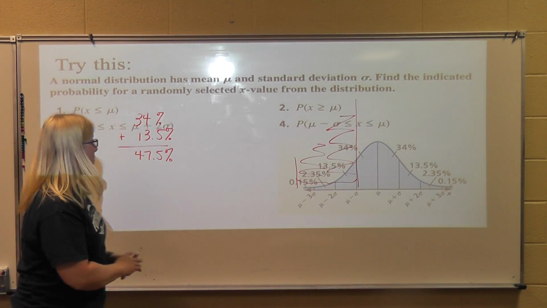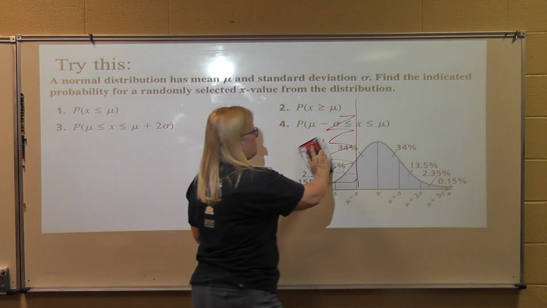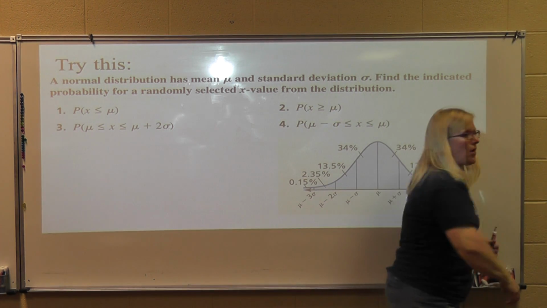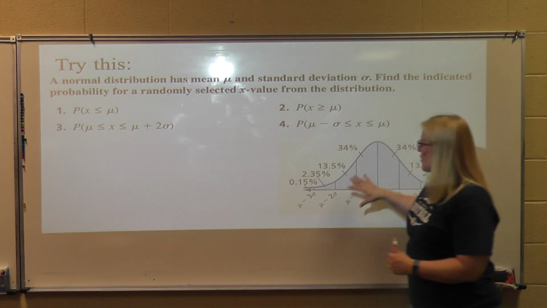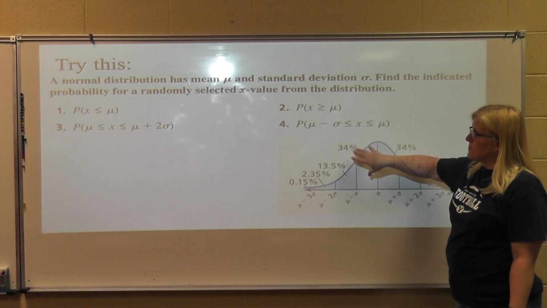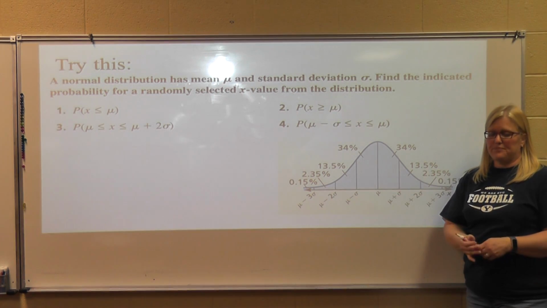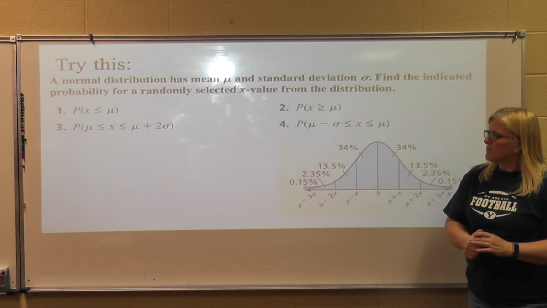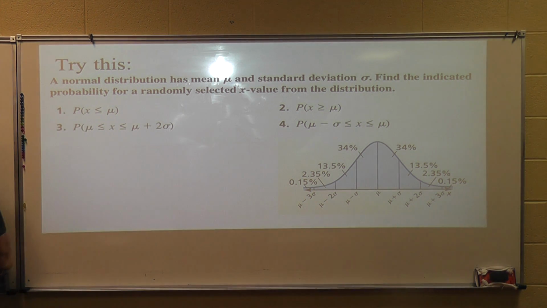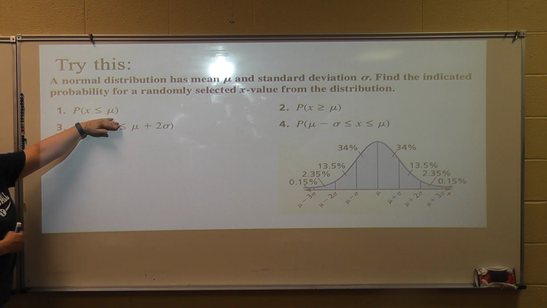Okay, so here's a handful for you to try. You may want to pause this. You're going to want this so that you can see where things are. Go ahead and pause and give it a try. Okay, so let's look at this. The first one, x is less than mu.